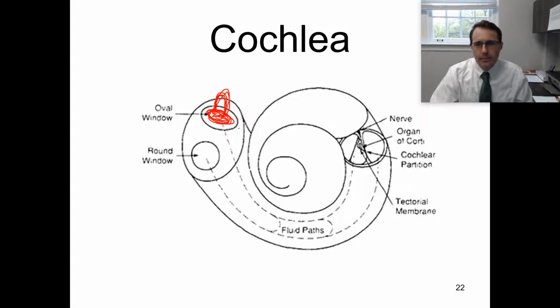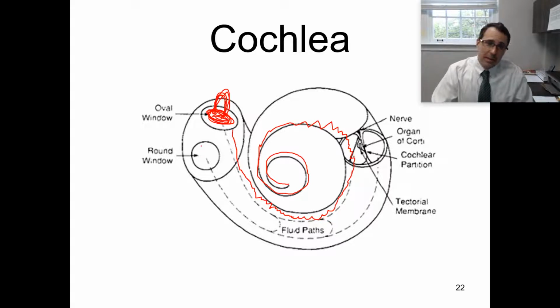The oval window opens into a chamber within the cochlea that runs the length of the cochlea that is known as the scala vestibuli. So the scala vestibuli runs the length of the cochlea. And the round window opens into another chamber within the cochlea that's known as the scala tympani.